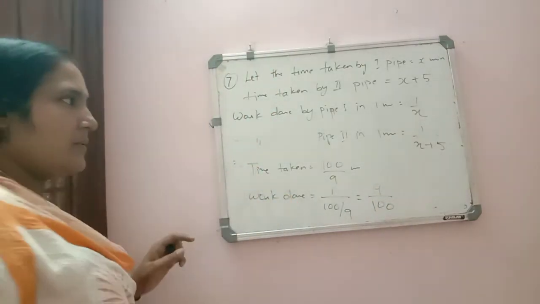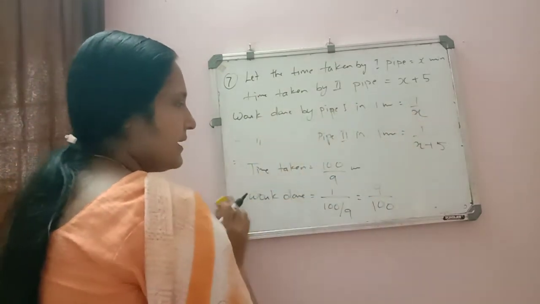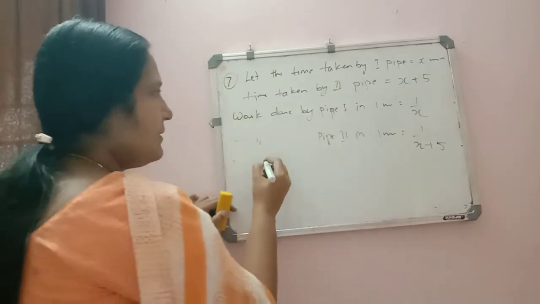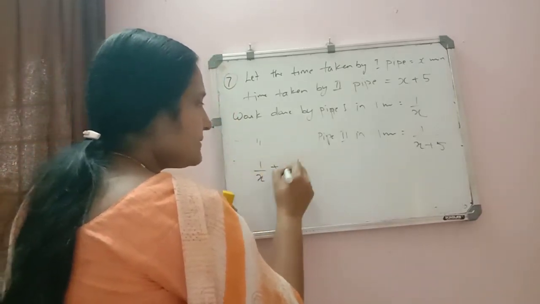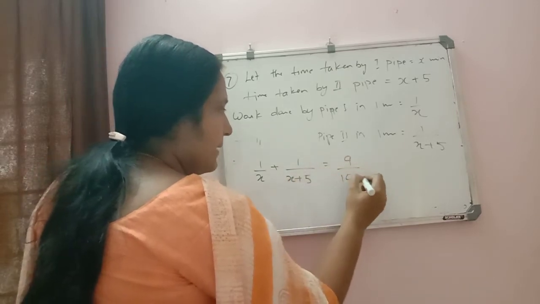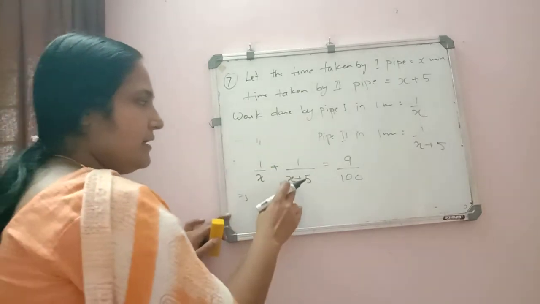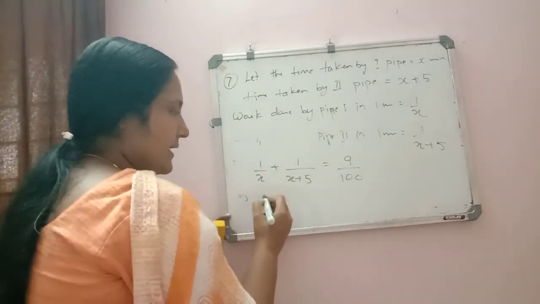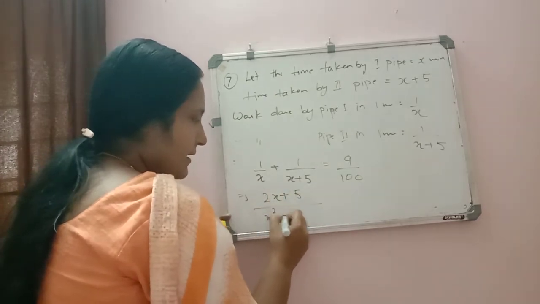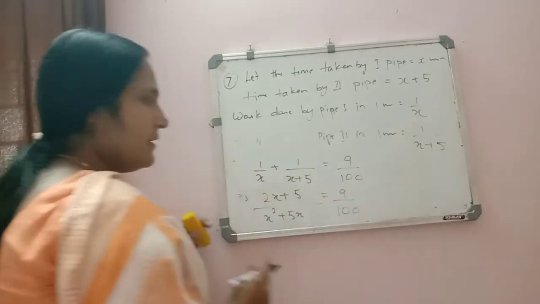Now we are going to equate. Work done is 1 by x and 1 by x plus 5, and here we got 9 by 100. So it will be 1 by x plus 1 by x plus 5 is equal to 9 by 100. Again simplify, all can simplify with me. X plus 5 plus x. So I am writing it directly, 2x plus 5 by x square plus 5x is equal to 9 by 100.